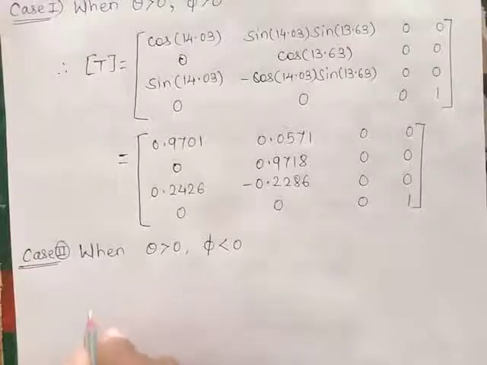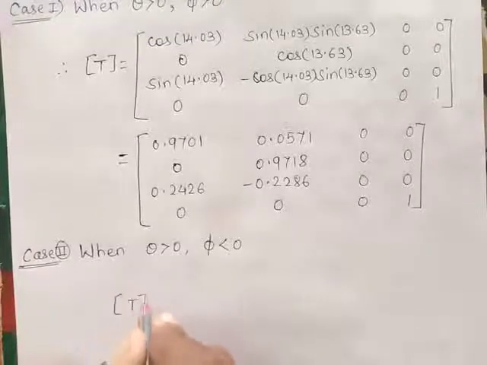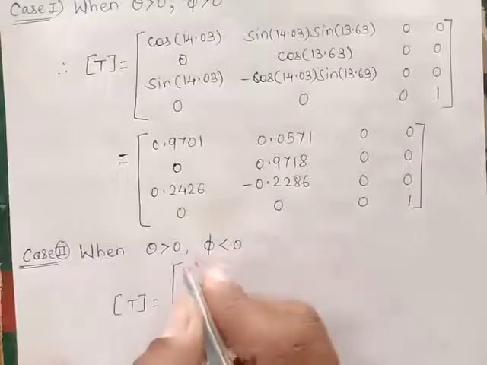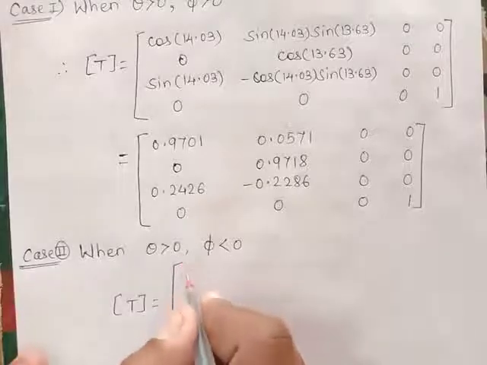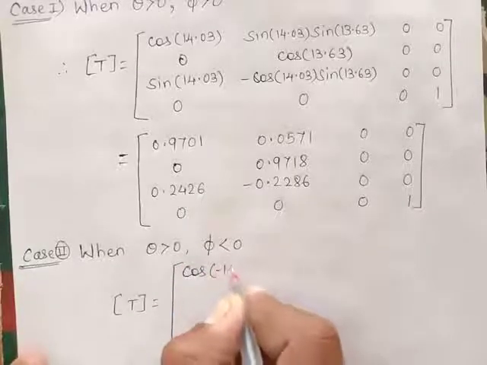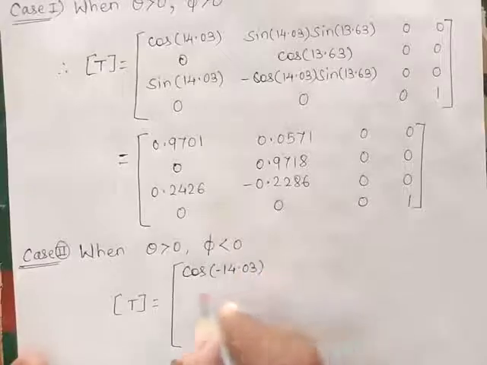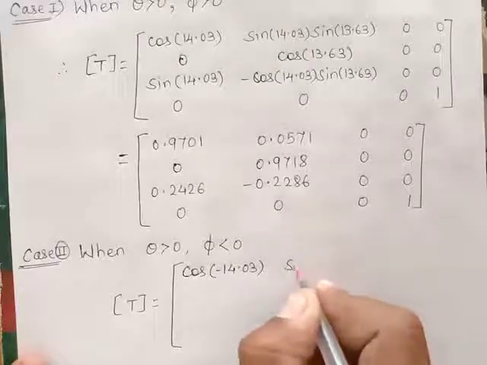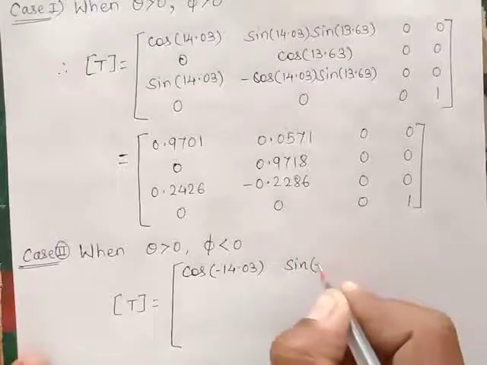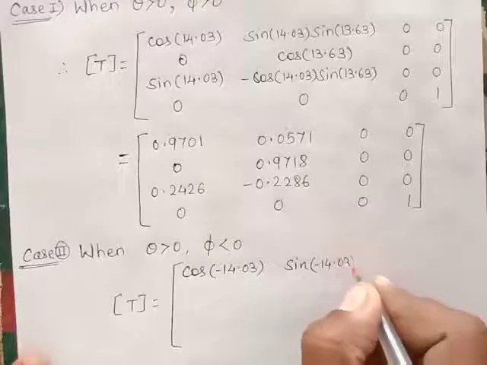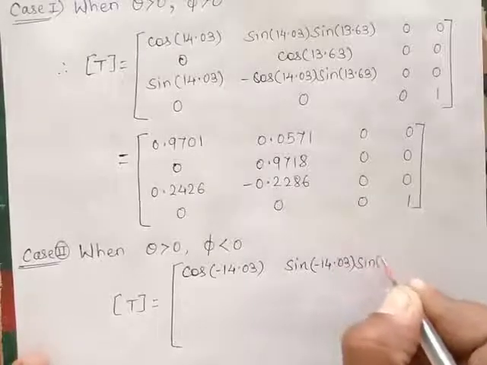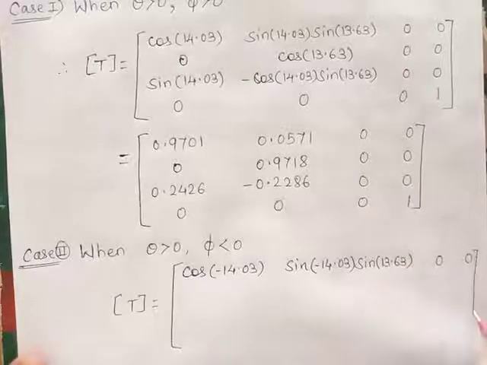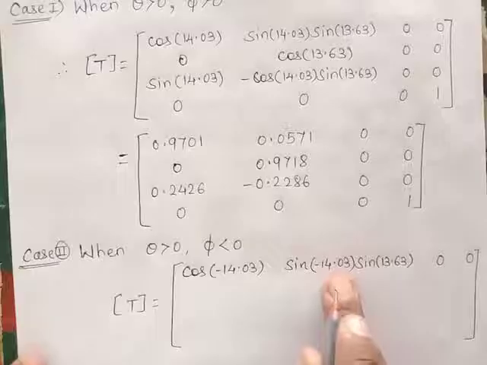So, T. What is T in that case? The T will be here cos of minus 14.03. But cos of minus theta is cos theta, so it won't affect the sign, right? Here sin of minus 14.03 into sin of 13.63, 0, 0. Now here sin of minus theta is minus sin theta.